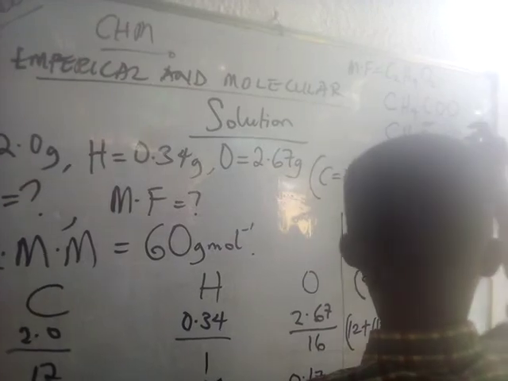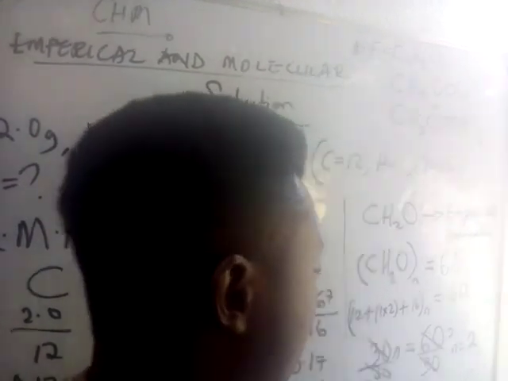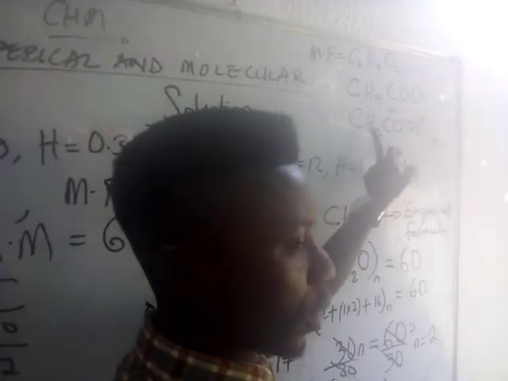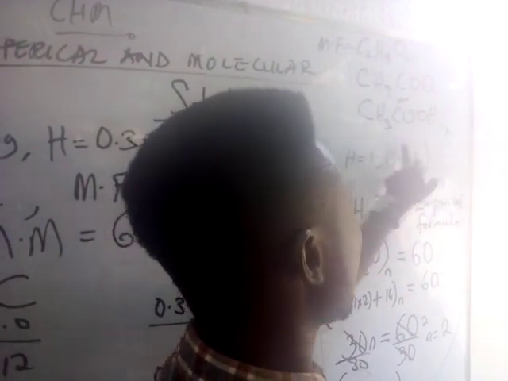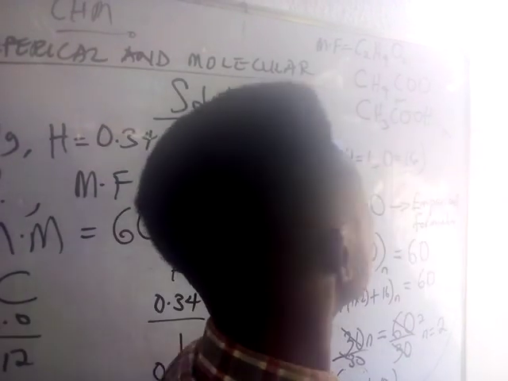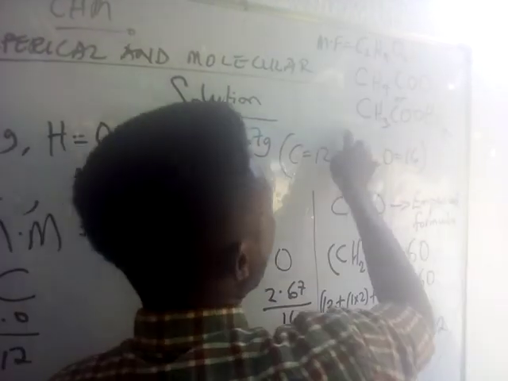It's an acid. It's a hydrocarbon acid. It's ethanoic acid. Why eth? Because you have 2 atoms of what? Carbon. So ethanoic acid.